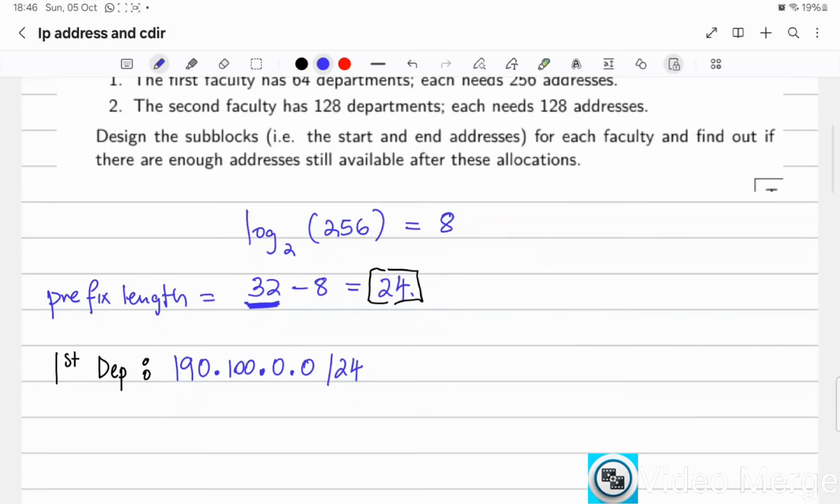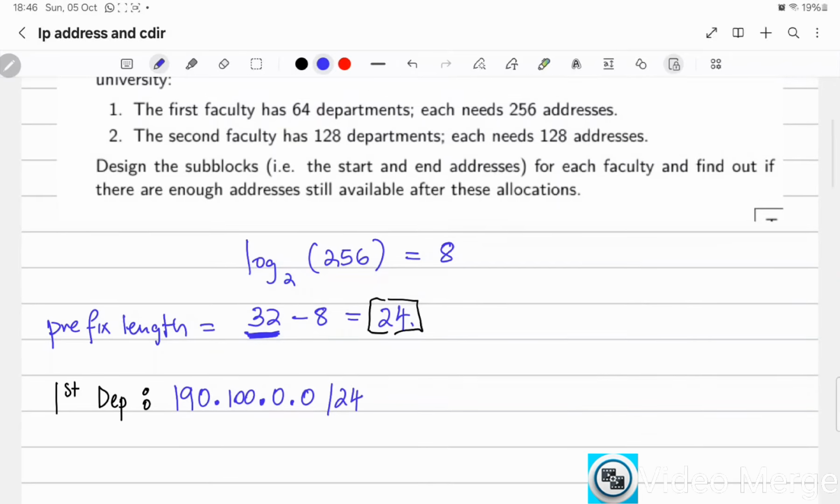And this is the first department. Each department needs to have 256 addresses. And this value, 256, we subtract 1, because we're starting from 0. Each and every time we need to subtract 1, so that we're going to have 255.